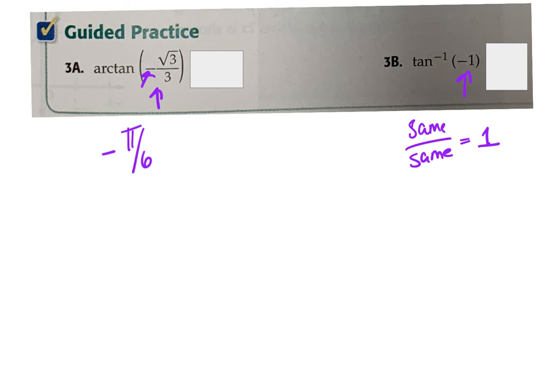Pi over 4 has the same value. And remember, we're in first and fourth quadrant, so as long as you figure it out, if it's negative, you can just negate it. Negative pi over 4. For sine and for tangent, as long as you figure out what gives you the value, you can just negate it. You can just go down.